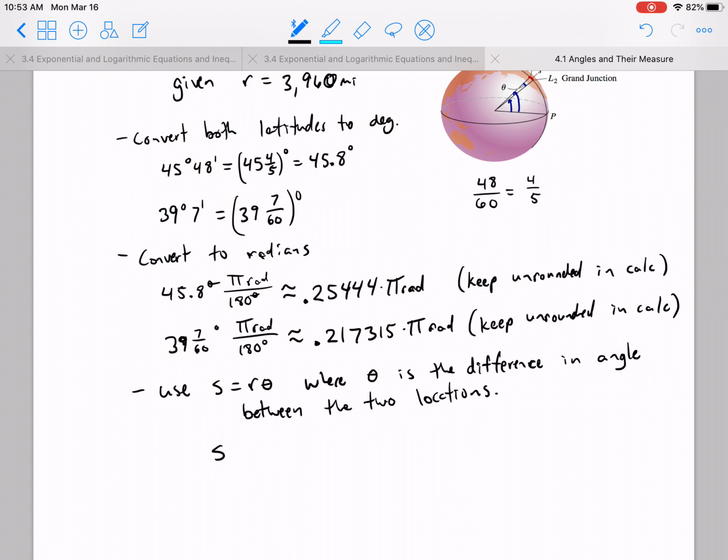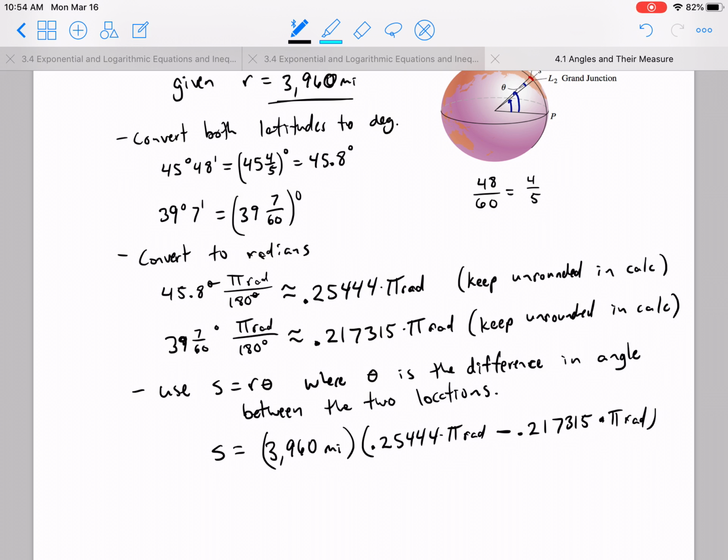And again, R we had up here was the 3,960 miles, so S equals 3,960 miles. And we're going to multiply that by the difference of our two angles, so 0.25444 pi radians minus 0.217315 times pi radians. And so you can just subtract those two numbers from each other.